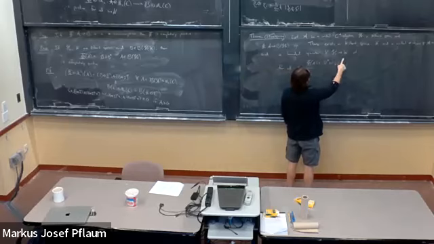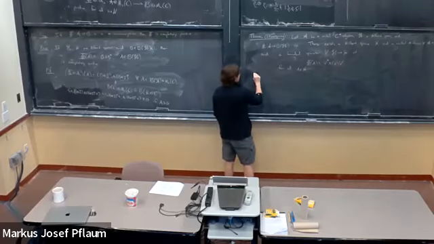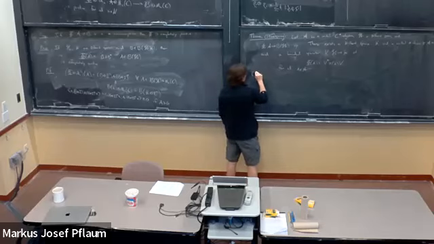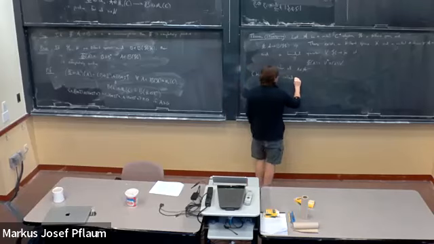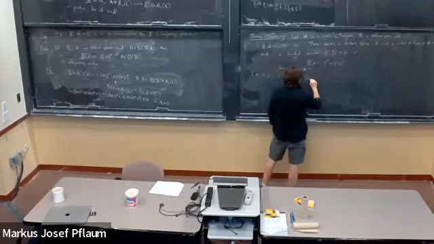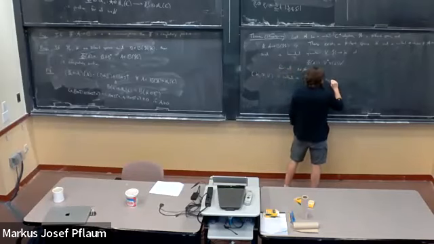So V goes from H to K, pi of A goes from K to K, V star goes from K to H. Okay. And we say K, pi, V is called a Stinespring representation.